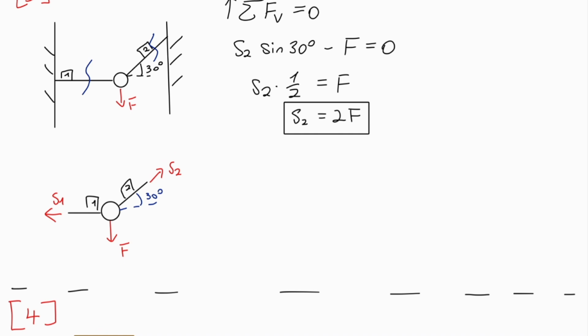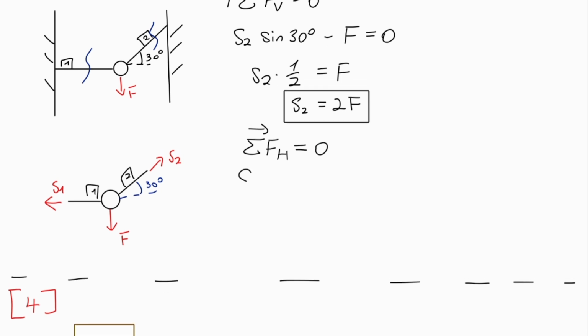So now that I've solved for S2, I can now take the horizontal sum of forces to figure out S1. Sum forces horizontal. Let's take right side as positive. Again, this is arbitrary, has to be 0, static equilibrium. So S2 points to the right. Its horizontal component is cosine of 30 degrees. Minus S1, so S1 points to the left, so it's negative, has to be 0.